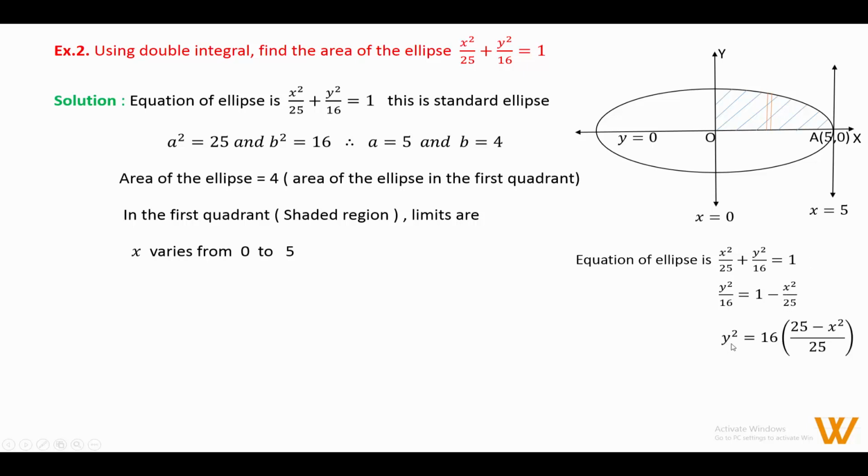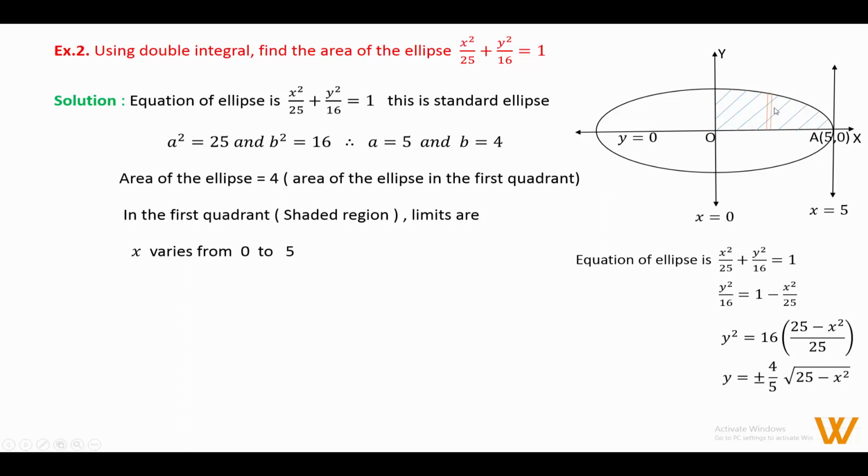So y square equal to 16, inside the bracket LCM is 25, so 25 minus x square, and therefore y is equal to plus or minus root 16 is 4, root 25 is 5, and square root of 25 minus x square. Y equal to plus minus 4 by 5 square root of 25 minus x square.